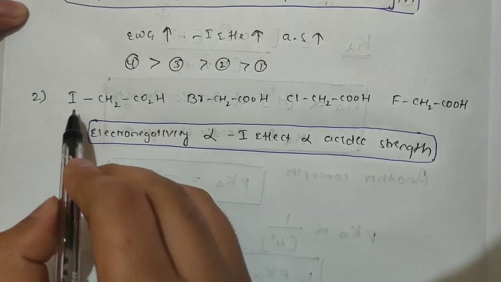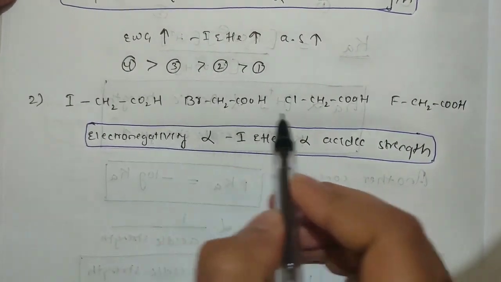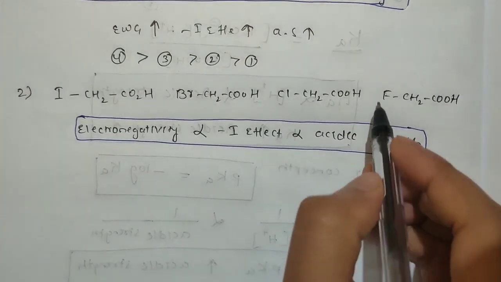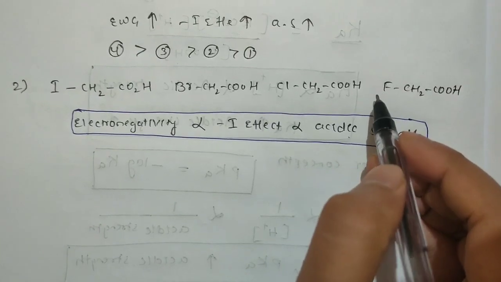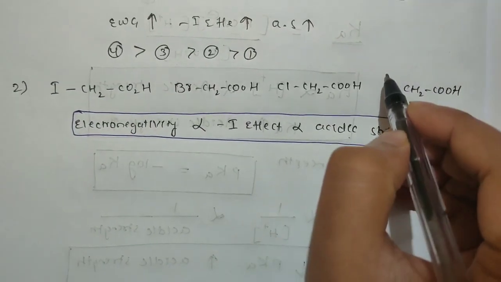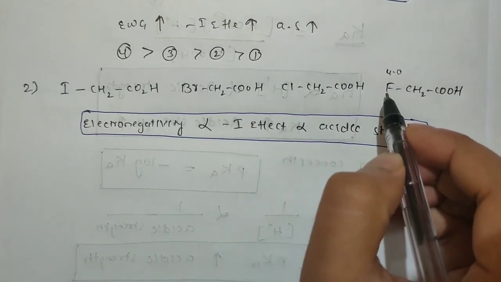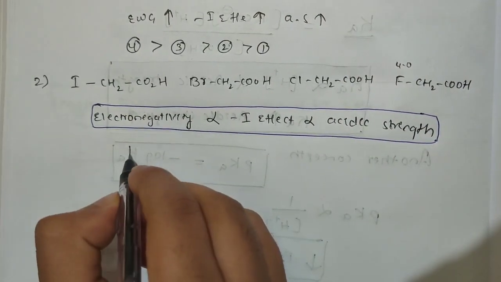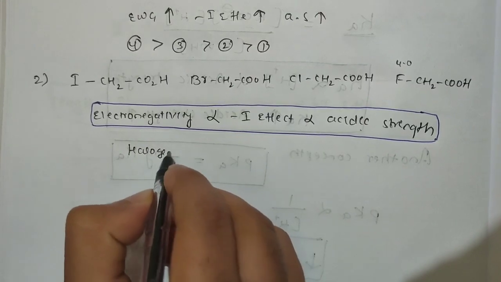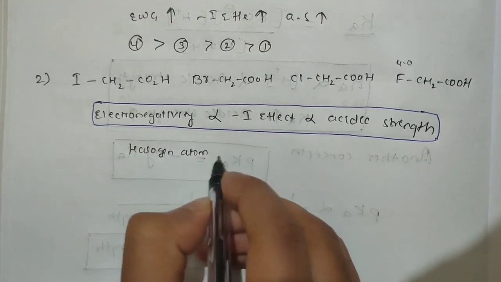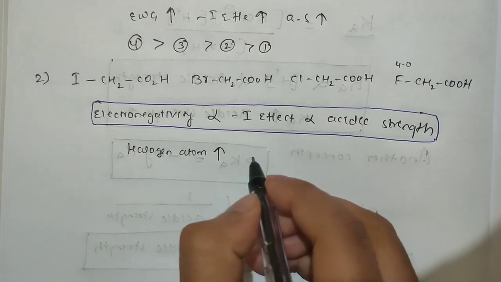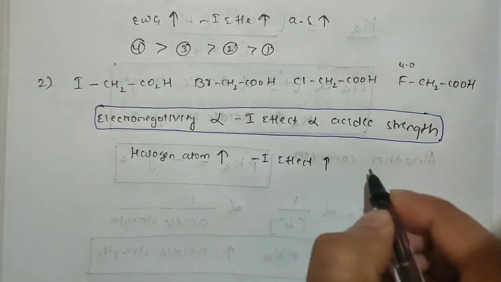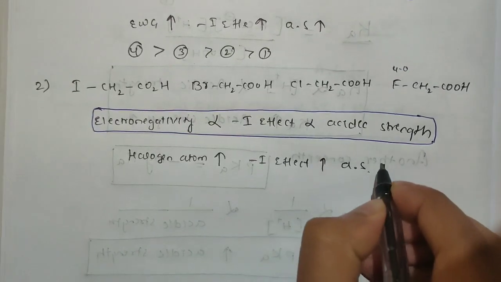See here, an iodine group is there, a bromine group, a chloro group and a fluorine group. You know that according to the periodic table, fluorine has the highest electronegativity, around 4.0. So as the electronegativity of the halogen atom increases, the magnitude of the minus I effect increases, and acidic strength also increases.